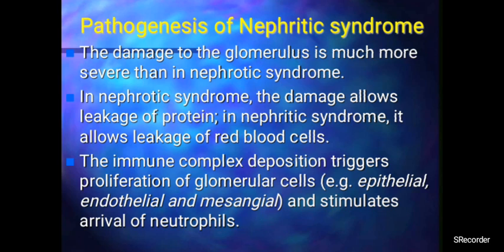So the immune complex deposition triggers proliferation of the glomerular cells, e.g. the epithelial, endothelial, and the mesangial cells of the glomerulus, and stimulates arrival of neutrophils.